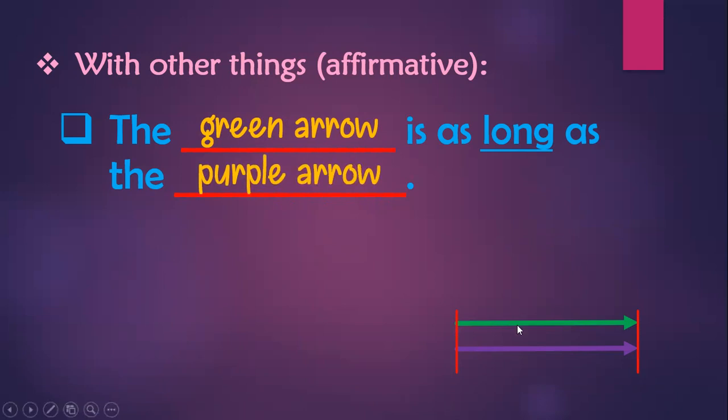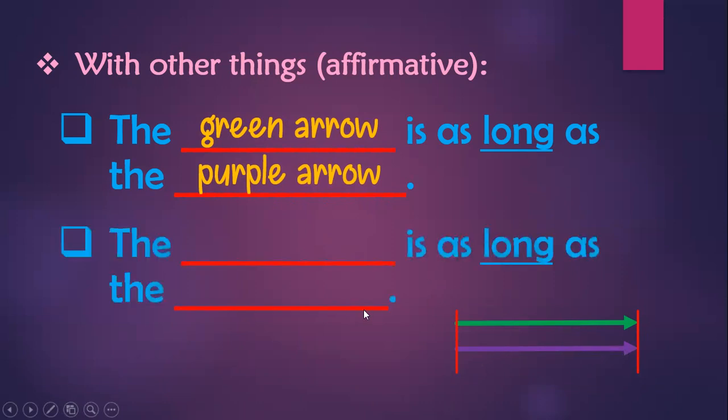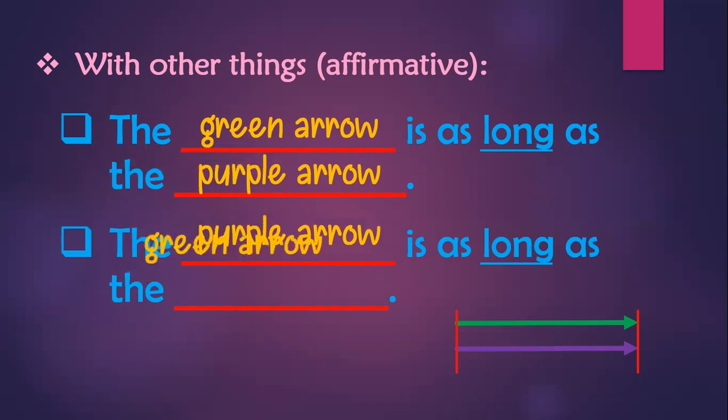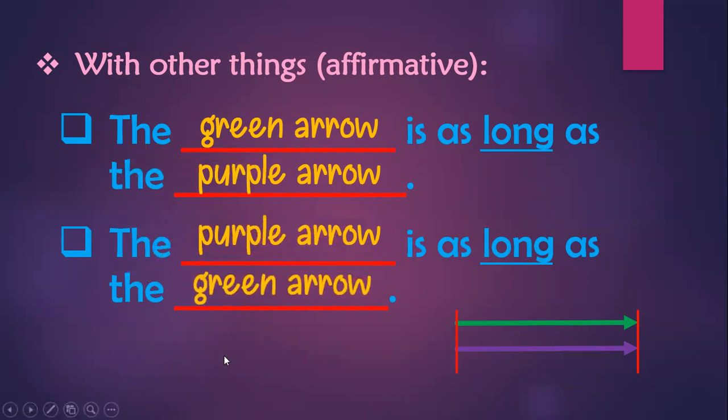The green arrow is as long as the purple arrow. Another example. In this case, we can change the order because it's an affirmative sentence. The purple arrow is as long as the green arrow.